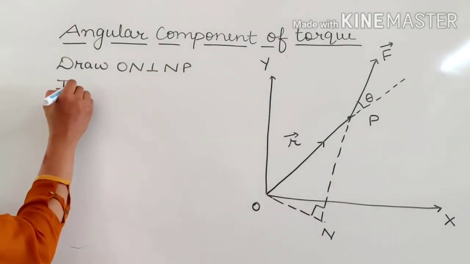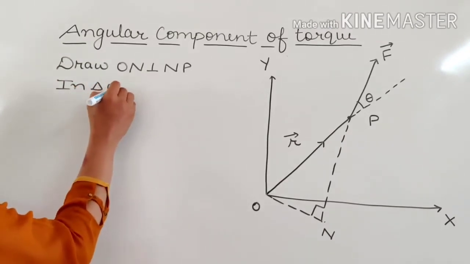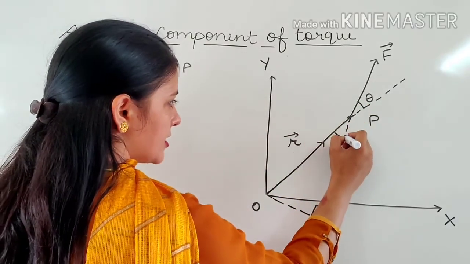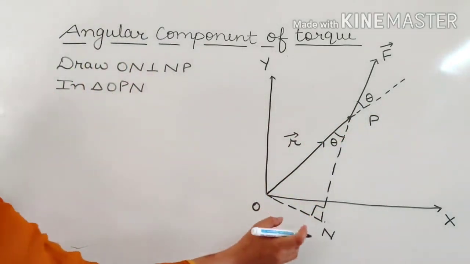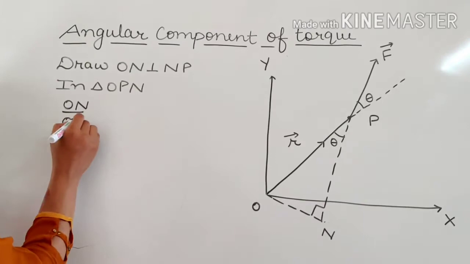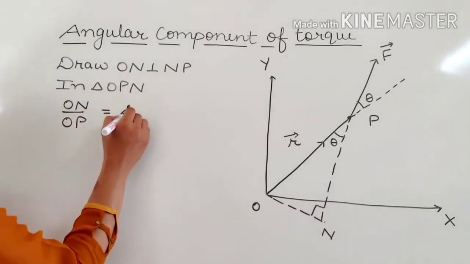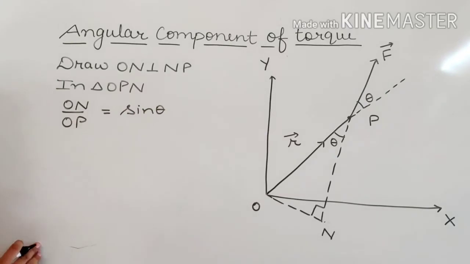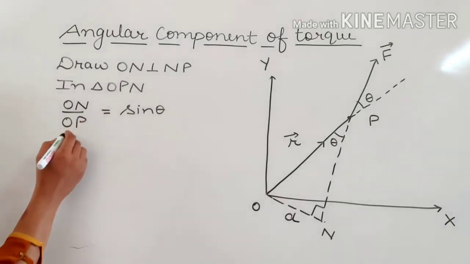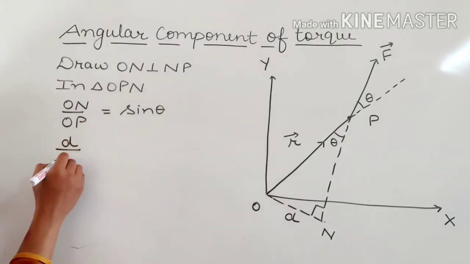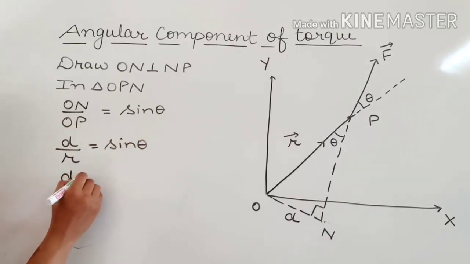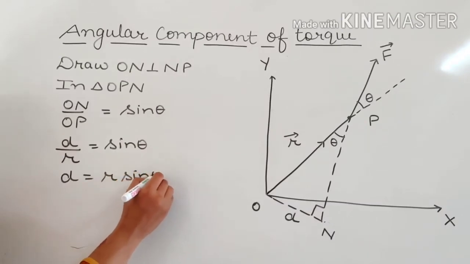Now in triangle OPN, you can see if this angle is theta, this is also theta. This ON divided by OP is equal to sine of theta. Let's say this perpendicular distance is denoted by d. So d by OP, that is r, is equal to sine of theta, and d is r sine of theta.